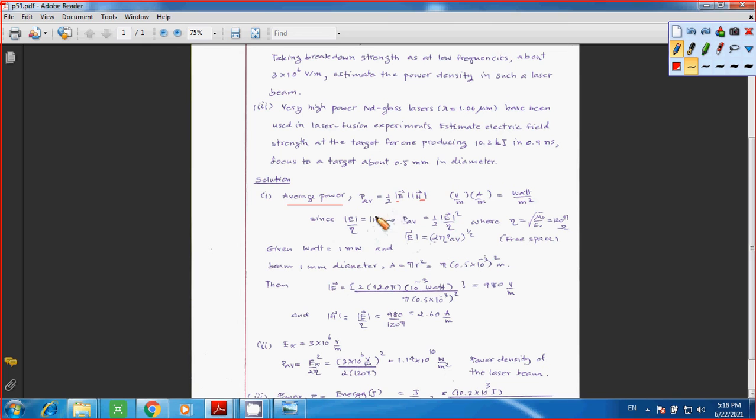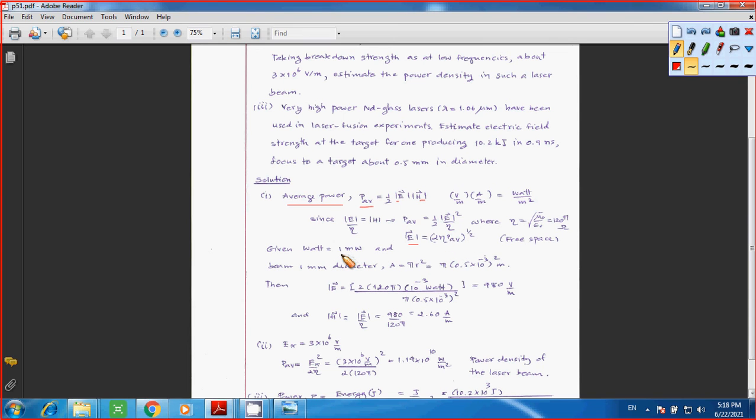So you can represent H by E over eta. For P_av, that gives you 1/2 the magnitude of the electric field squared divided by eta, where eta equals square root of mu 0 over epsilon 0 in free space, or 120 pi ohms, or 377 ohms. So you can find the magnitude of the electric field, equal to square root of 2 eta times the average power.